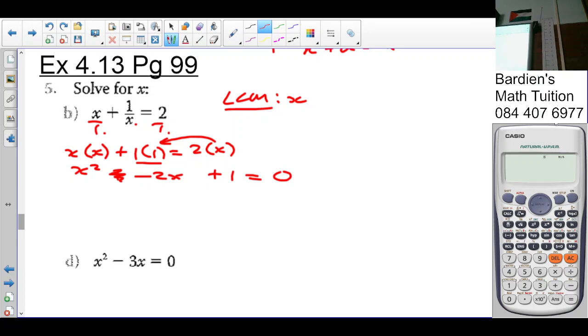Okay. So what is this now to us? Trinomial. So what do we get? X minus 1, which is x minus 1 squared, binomial squared. So x equal to 1. Okay.